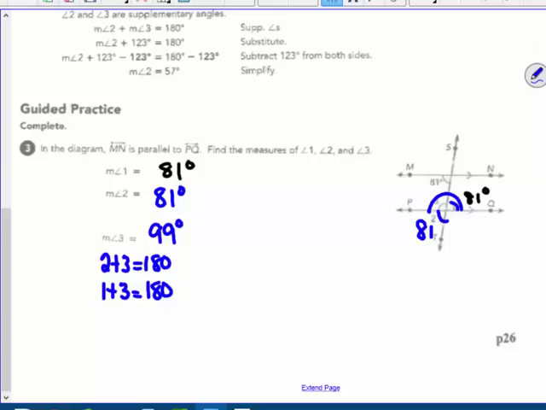So if 3 is 99, this is 99, this is 99, and its alternate exterior is 99. There's my 4 99s and my 4 81s. 81 is 1, 81 is 2, 81 is the angle that they gave me here, and 81 is this angle up here. So 4 angles that are obtuse, 99, and 4 angles that are acute, 81.